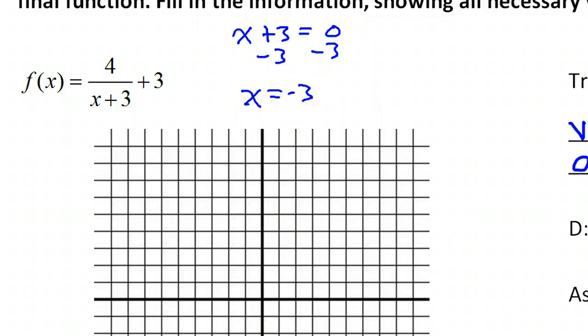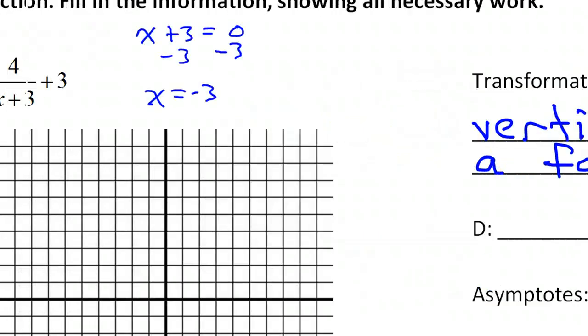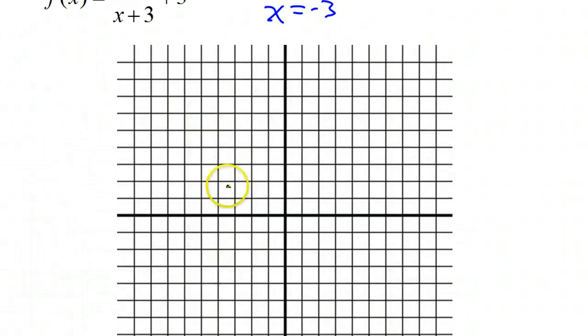So that will be our vertical asymptote. Obviously that is a vertical asymptote. So let's go ahead and graph that. All right, great. So there's our vertical asymptote.